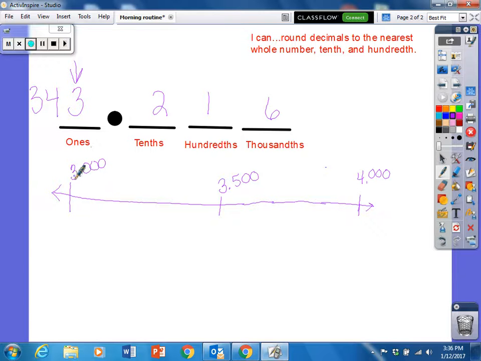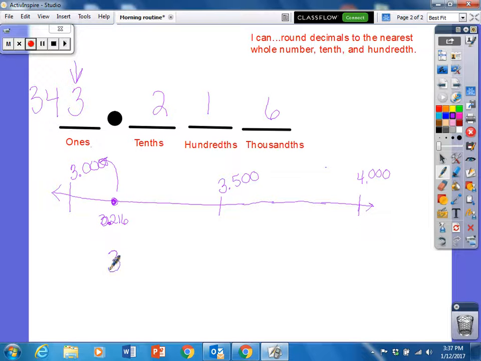So does the 216 come between 0 and 500, or between 500 and the next whole number? That's right, it comes between 0 and 500. The 2 would go about right here. So it would round back to 3 whole things.